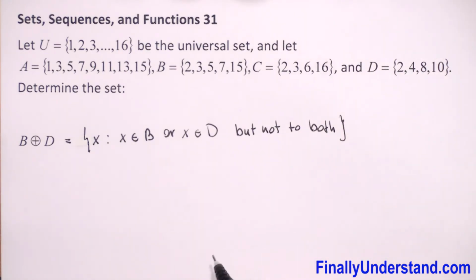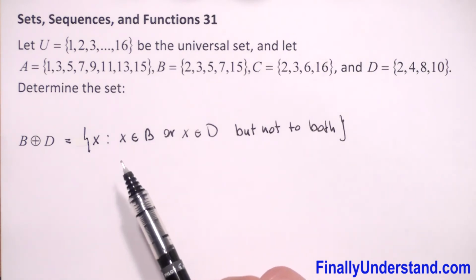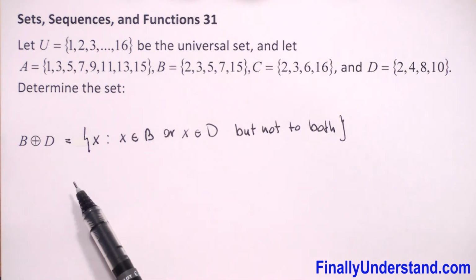So in other words, we cannot put into the symmetric difference those elements which repeat in set B and in set D. So let's check first this.